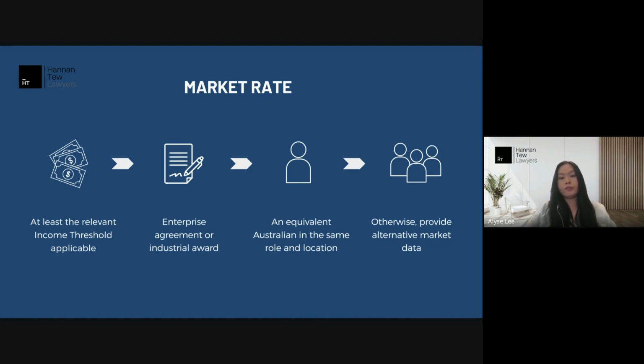If there is no equivalent Australian, then they will need to show how the business determined the salary, providing alternative market data such as any remuneration surveys like Indeed, Talent, Seek, Glassdoor, or any advertisements for similar roles in the area.